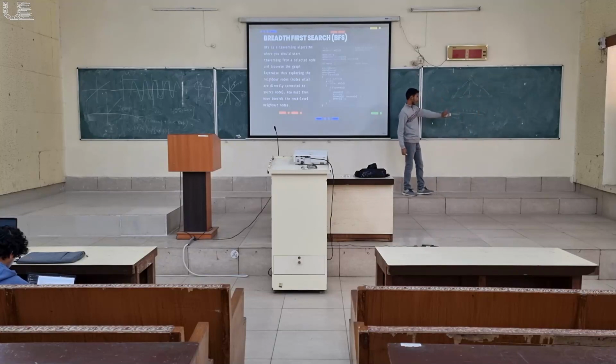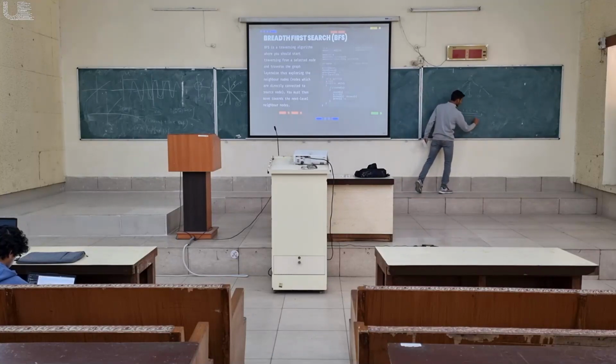At one point of time my queue will also look like this. This could have been my potential queue, or you can store this format in some other array. This is the level 0 node, these are all the level 1 nodes, and these are all the level 2 nodes.